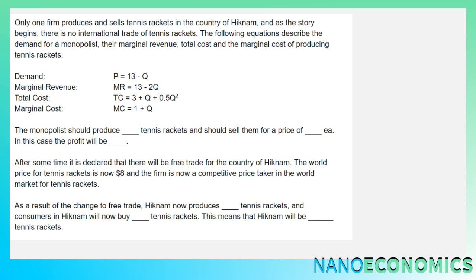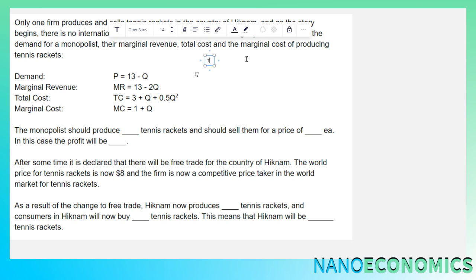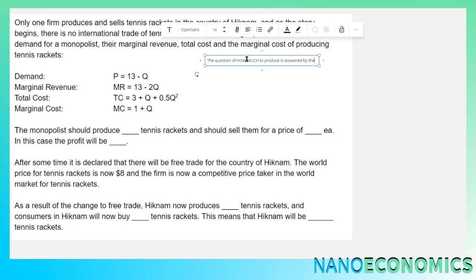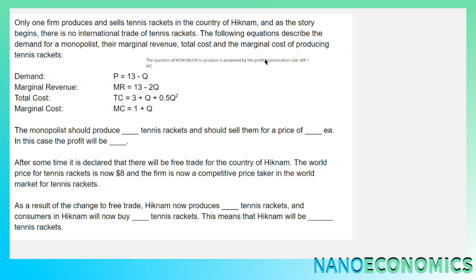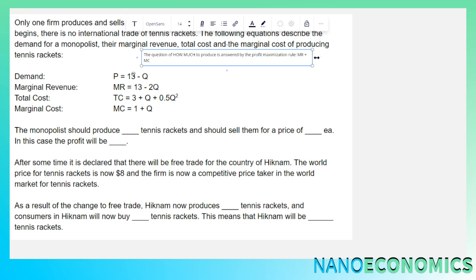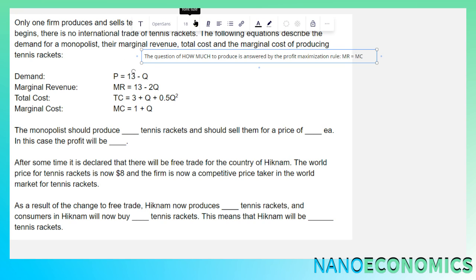So the first thing we need to remember is the question of how much to produce is answered by, so we want to produce where the marginal revenue is equal to the marginal cost in order to fit the profit maximization rule.